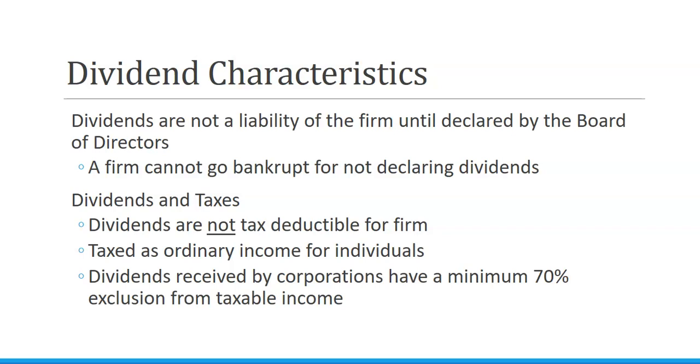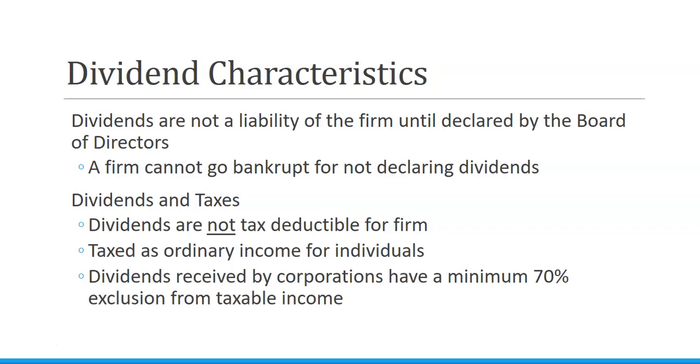Dividends are not tax deductible for the corporation, and they are taxed as ordinary income for individuals. If corporations own stock in another corporation, then if they receive dividends from that corporation, they do get to exclude some of that from taxable income.